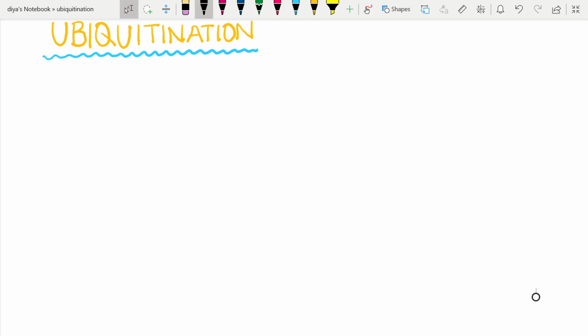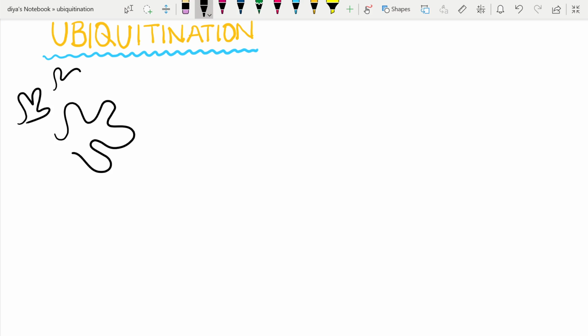For example, this is the misfolded protein and these are some of the healthy proteins. So how will the proteasome recognize, among all of these proteins, that this one is the faulty protein?